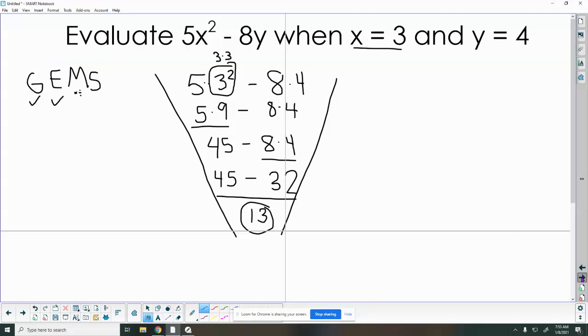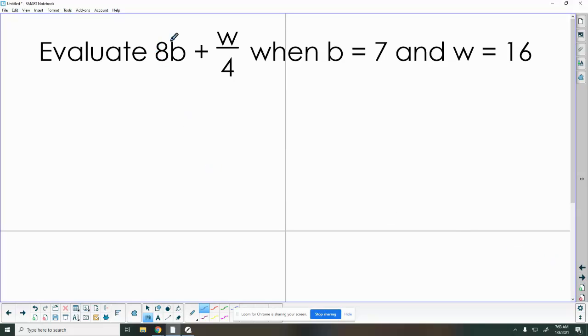Let's try another one here. So we have 8b plus w divided by 4. B equals 7 and W equals 16. So go ahead and plug in 7 and W and see what our new expression looks like.